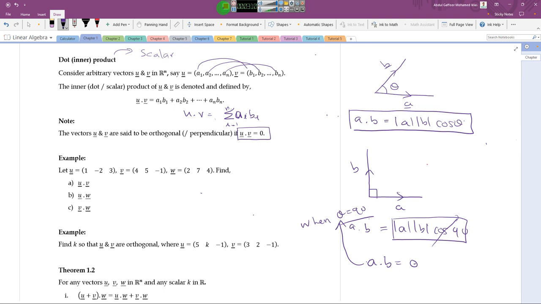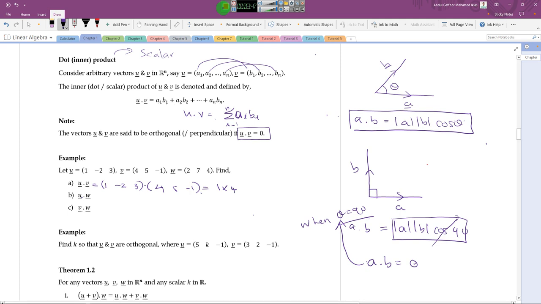Now we will look at this example. We have to find u dot v, u dot w, and v dot w, where u is 1, minus 2, 3, and v, okay, the vectors are given. Now u dot v is equal to u, 1, negative 2, 3, then v written second with a dot here to represent that we are taking the dot product: 4, 5, negative 1. So this will be equal to the sum of the multiplication of the corresponding entries.